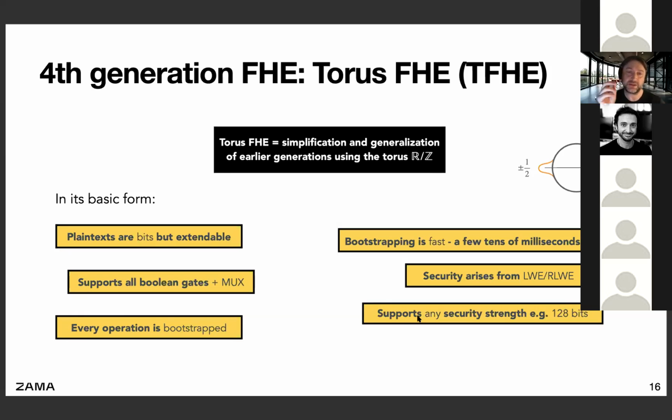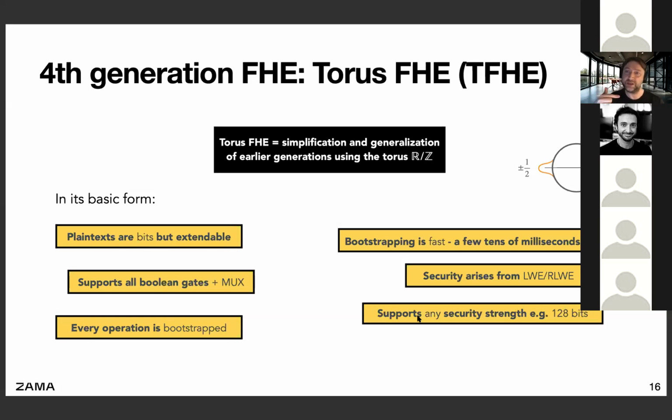We're using the Torus, which is basically real numbers modulo 1, so basically reals between 0 and 1. And in its basic form, you can encrypt bits. And then you have a bunch of Boolean gates, plus the mux gate, the if gate, the ternary operator that you have in C.